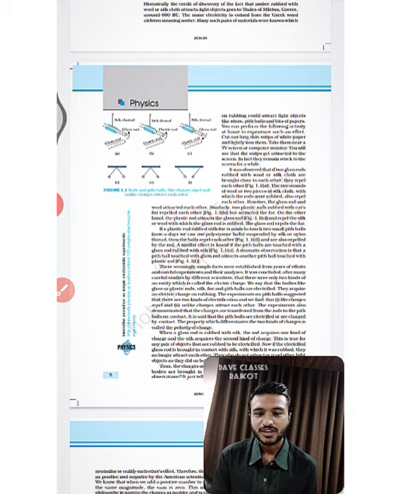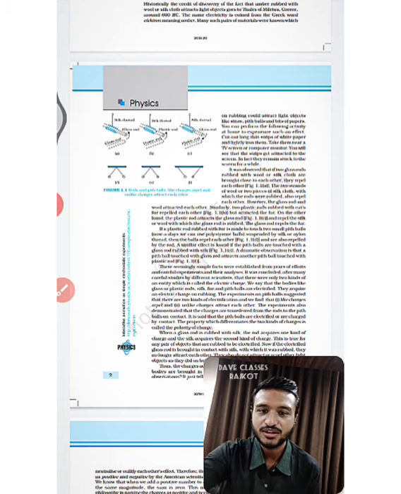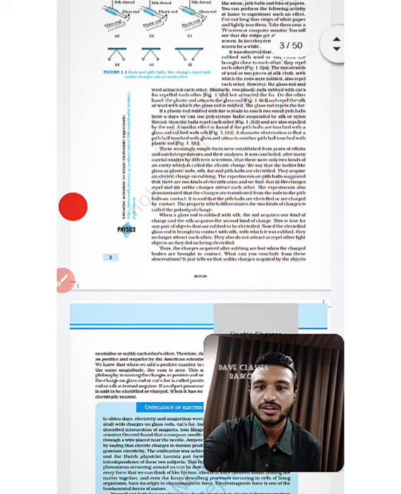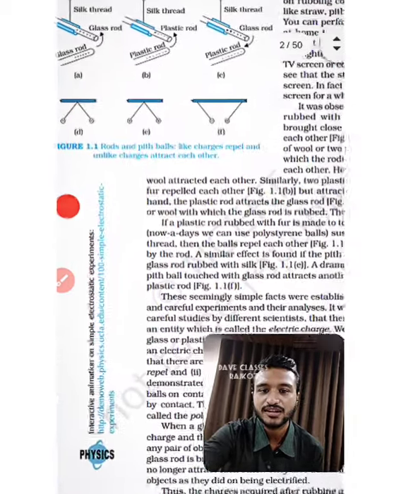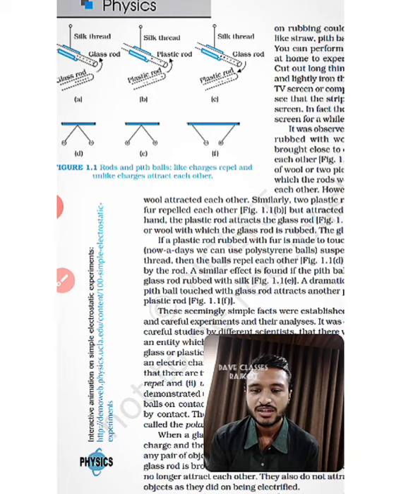Last time, we had done several experiments based upon which we have studied that almost every electric charge is of two types: one is positive, another is negative. Here you can see one major experiment, given on page number 2, figure number 1.1.